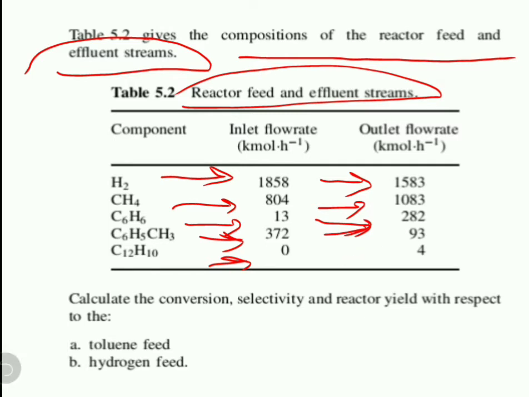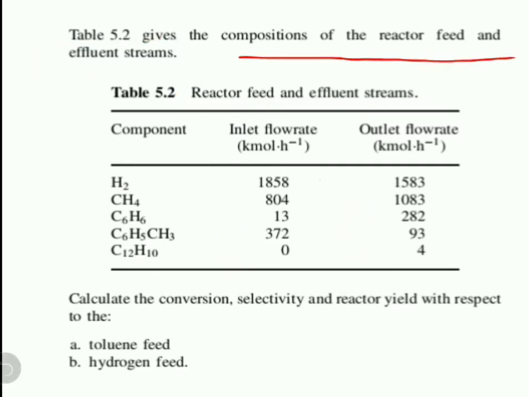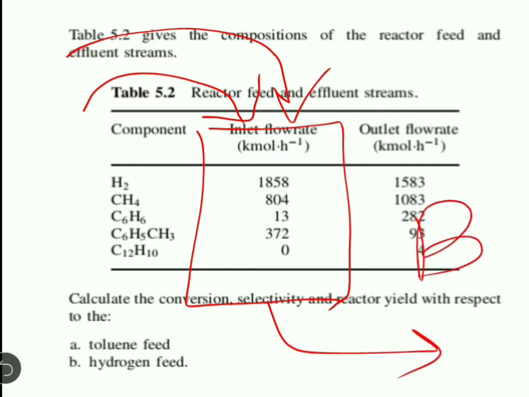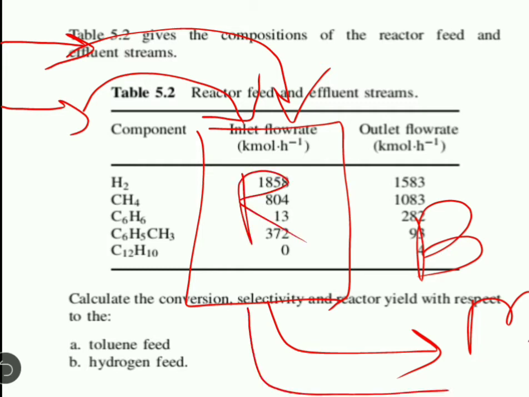What it shows is that there is a reactor where we feed toluene and hydrogen, which will give benzene and methane. The flow rates of toluene and hydrogen are fed to the reactor, and the output flows are given.